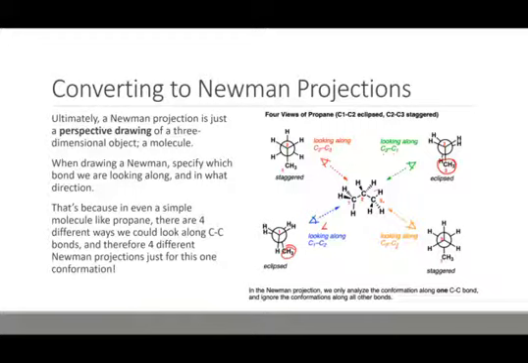And that's the same if we look down the 2, 3 bond, where the 2 is in the front. Our methyl group would be in the front of the Newman projection. So again, 4 different ways of looking at it. This is the same molecule in all cases, it's just which bond we're looking at using the Newman projection.